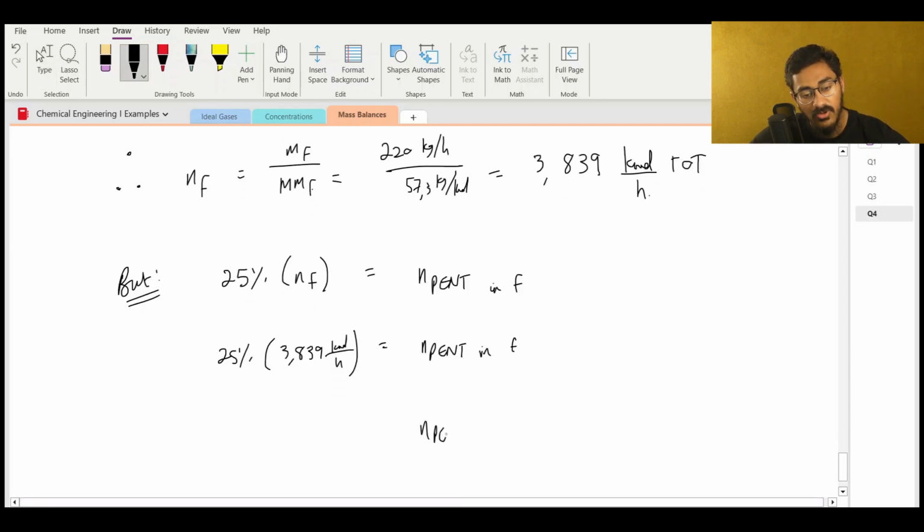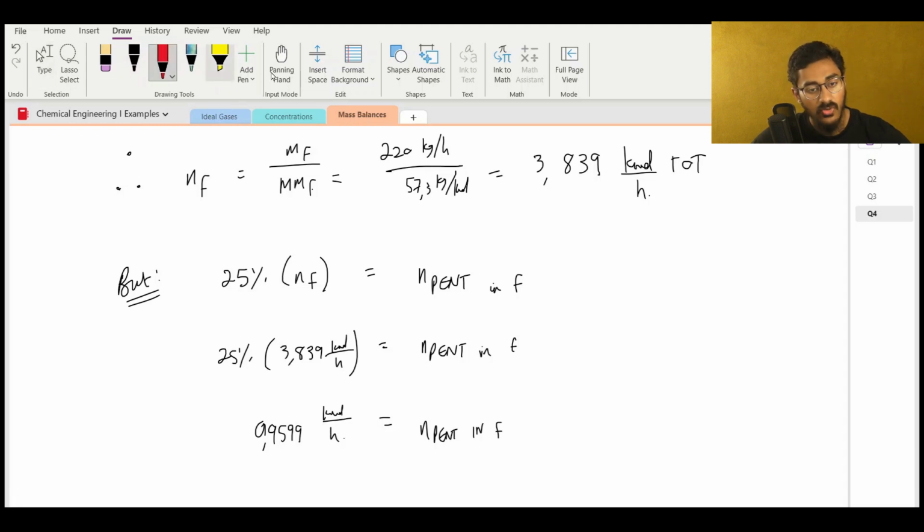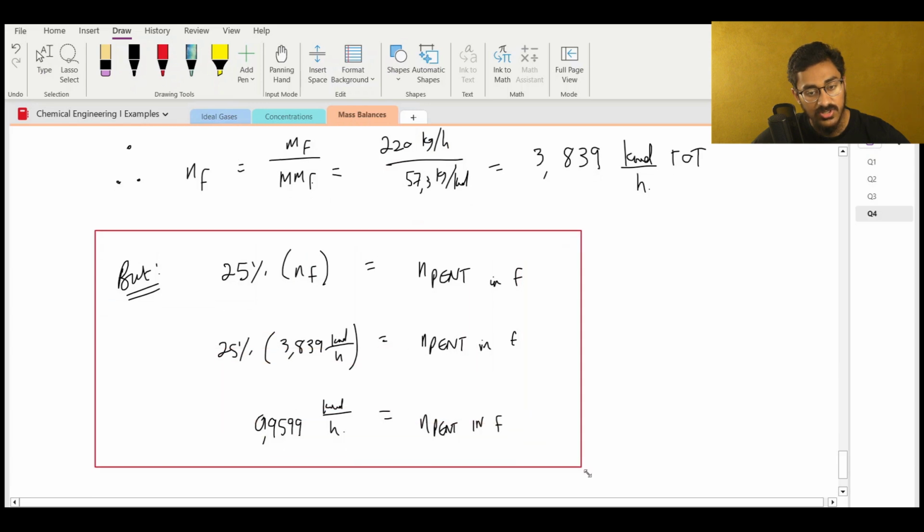Okay, so the number of moles of pentane in the feed stream is equal to, and I'm sure I've worked that out here, 0.9599 kilomoles per hour. Okay, so I'm going to put this in a box just to keep all our thoughts structured.